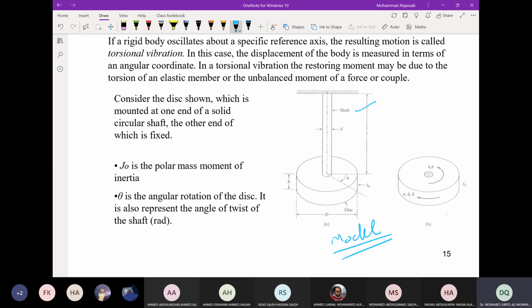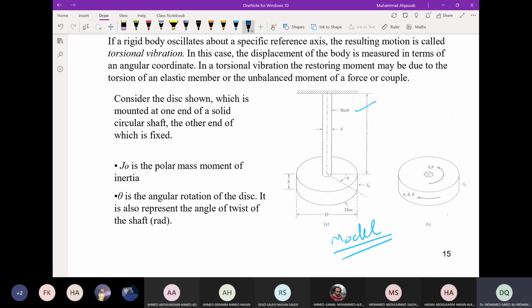It can be any other object. The shaft has a circular diameter, made of some material which has a modulus of rigidity, G, and also a length, L.